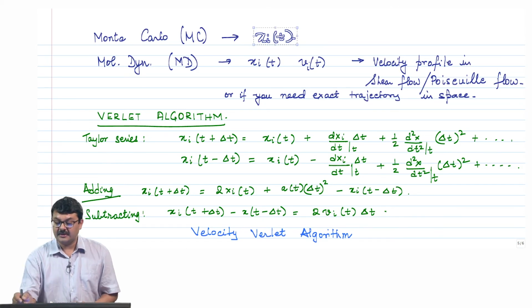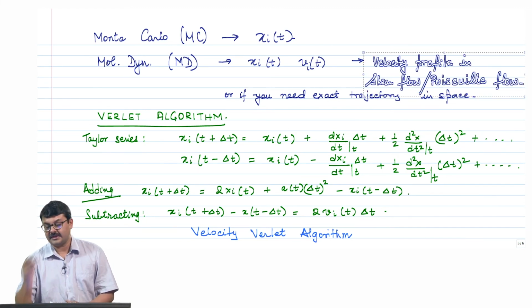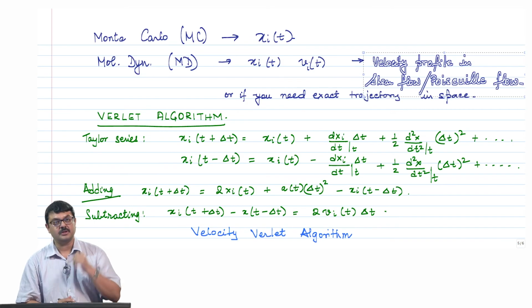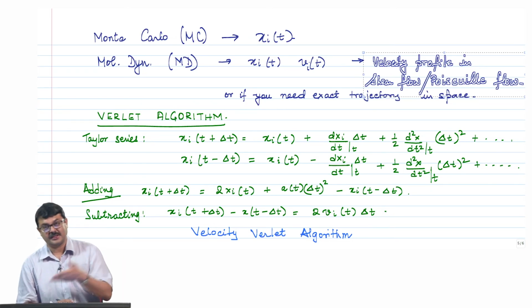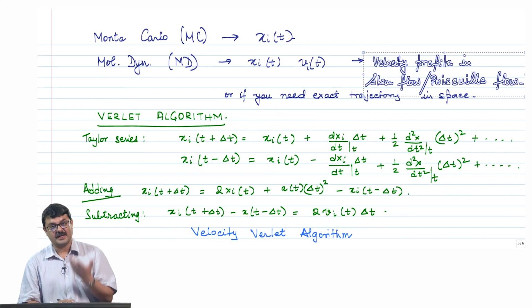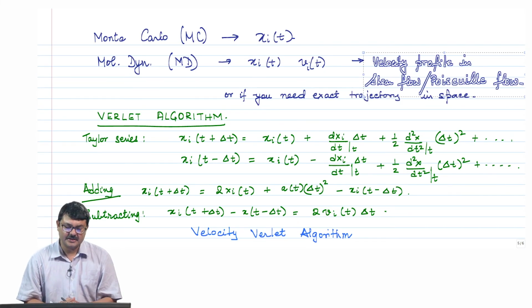Now, suppose you want to calculate the velocity profile of a fluid in shear flow or say in Poisson flow, then you have to do molecular dynamics. Though Monte Carlo, as I told you, is faster, it gives you statistical properties faster, but if you want some dynamical properties or you want to look at approach from a non-equilibrium system to an equilibrium system, how the system is relaxing, then you would typically do molecular dynamics simulations.